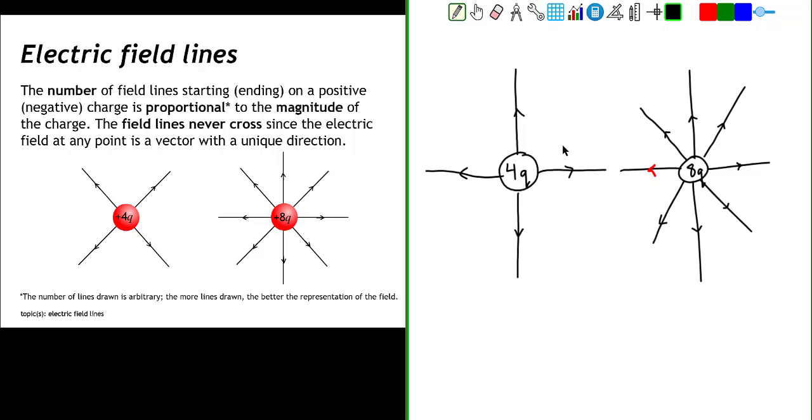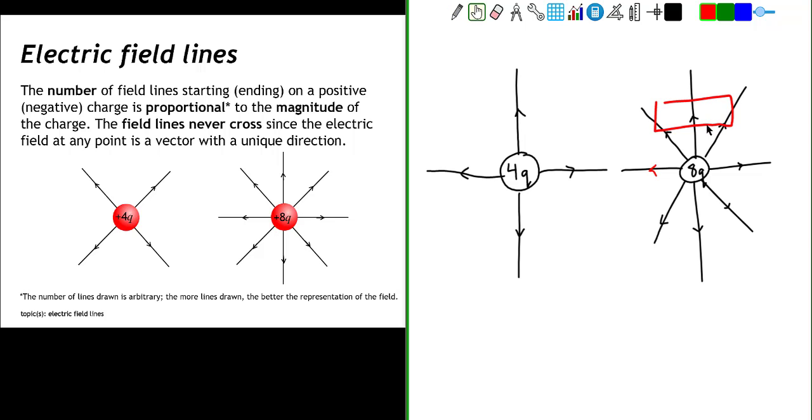That means just by looking at the density of field lines, we could see that the 8Q charge has more field lines per unit area than the 4Q charge.